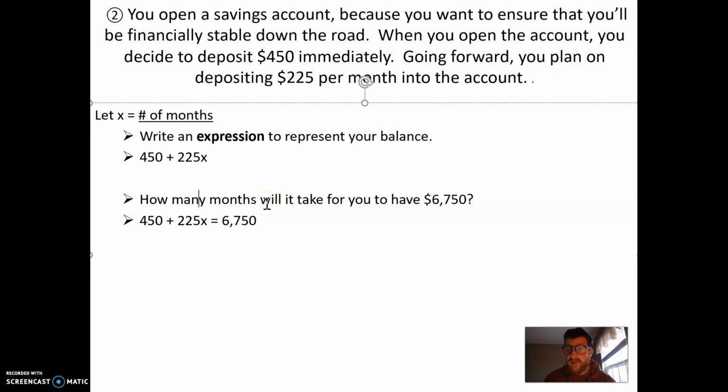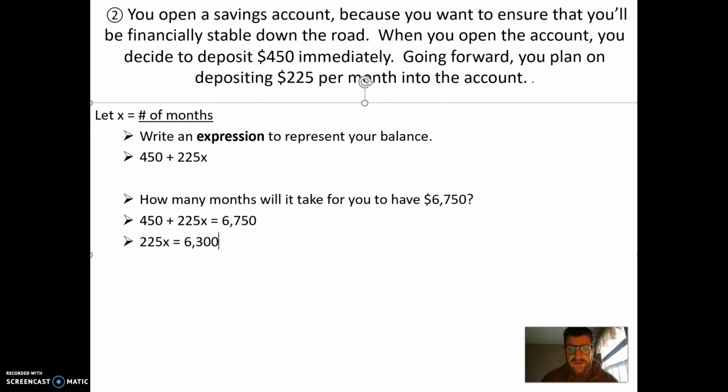Meaning x is 5, right? So I just want to help you differentiate between these two possible situations. And now here, we just have an equation. We just need to solve for x. So subtract 450 from both sides. And you're left with 225x on the left side, 6,300 on the right side.